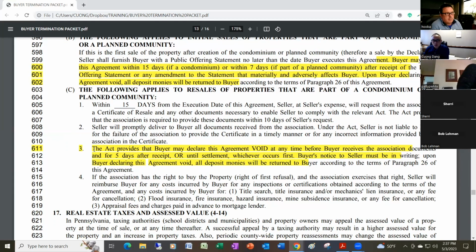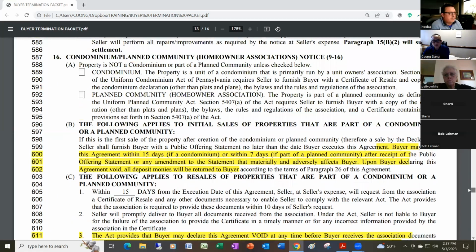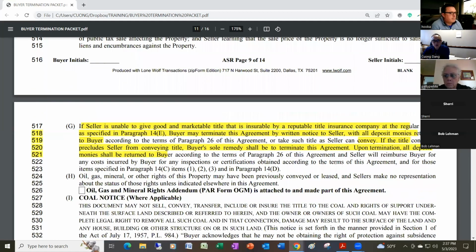Okay. And for 5 days after receipt, or until settlement, whichever occurs first. Buyer's notice to seller must be in writing. Okay, so just use the termination release form. Upon buyer declaring this agreement void, all deposit monies will return to buyer. Okay. Pretty simple, right? So we got 16 taken care of.